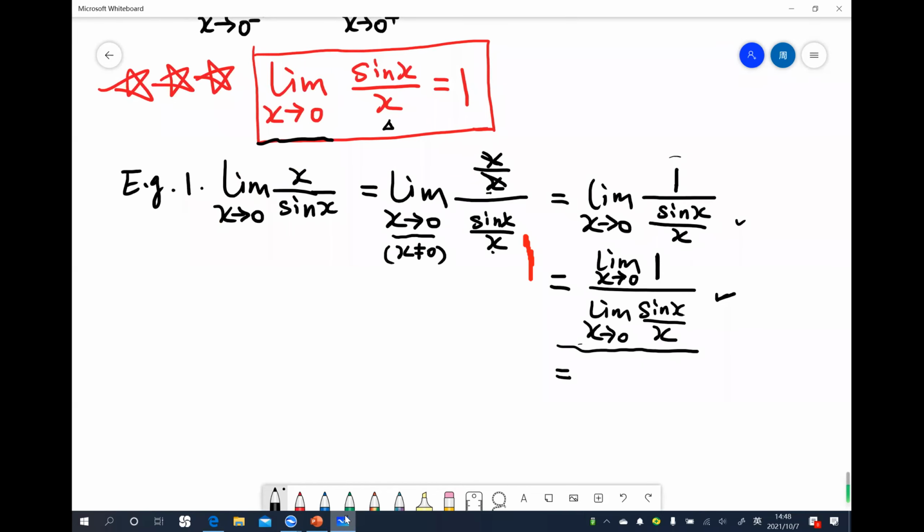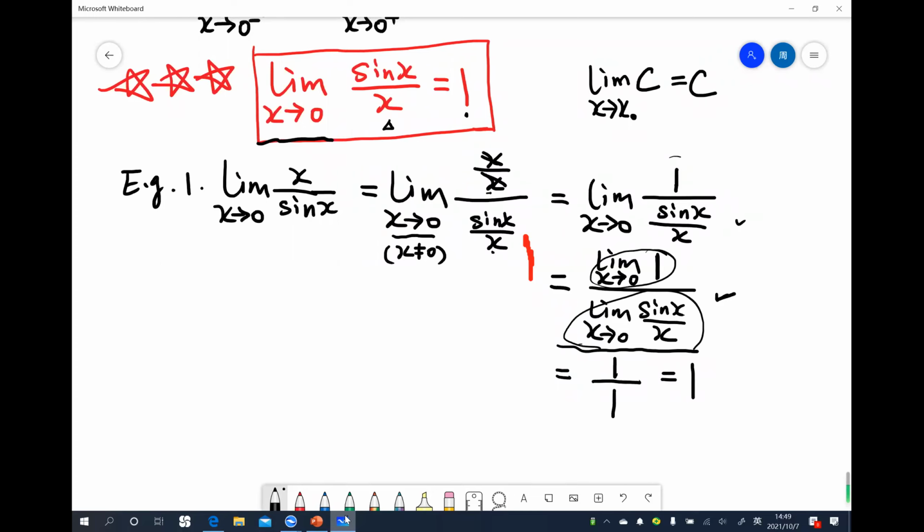We have talked about it last week: as x approaches x0, the limit of a constant is always the constant, right? So here the upper one, the limit equals 1. And the denominator, the limit is also 1, right? From the formula. So we know 1 by 1 equals 1.